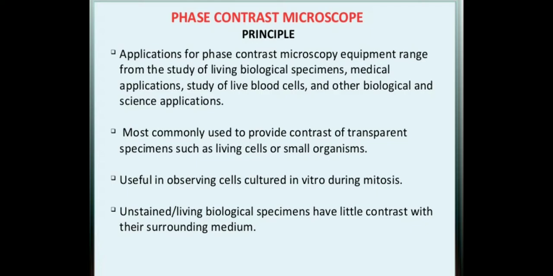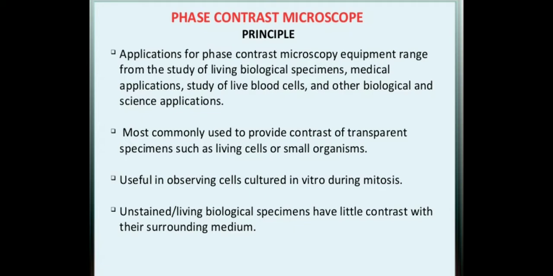First of all, the principle of phase contrast microscope. The applications for phase contrast microscopy equipment range from the study of living biological specimens and medical applications, to the study of live blood cells and other biological and science applications.